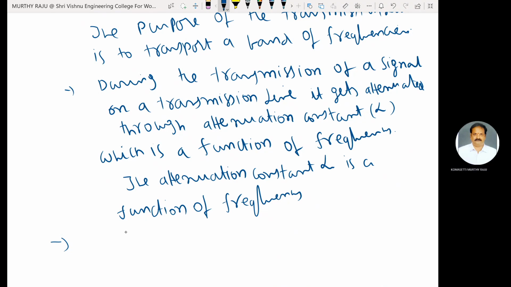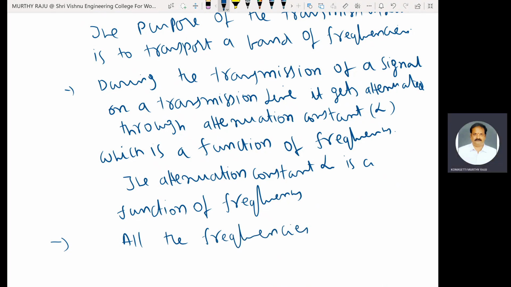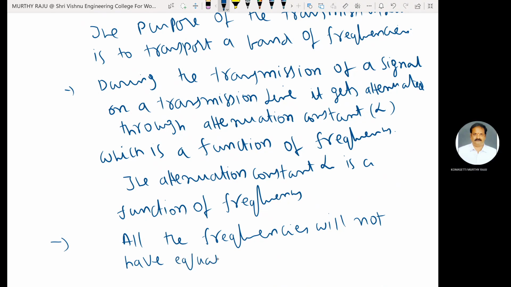A signal is a band of frequencies. All the frequencies will not have equal attenuation constants.